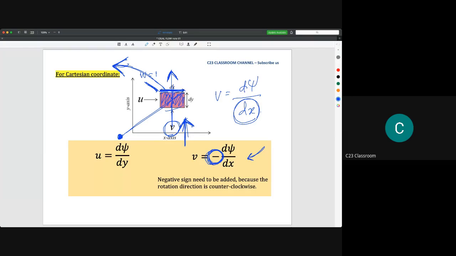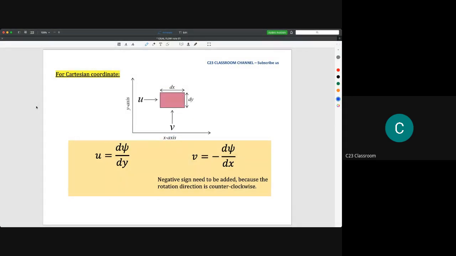Because if you realize, flow rate is actually a scalar. Scalar means you don't have to put a negative sign.